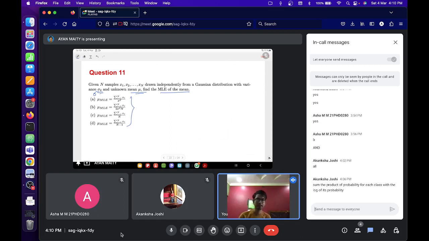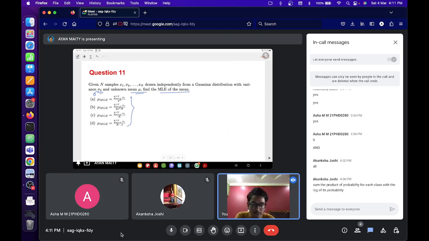So how do we compute MLE for any set of samples? x1, x2, xn are drawn from a single Gaussian distribution.